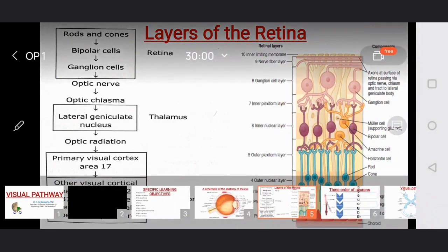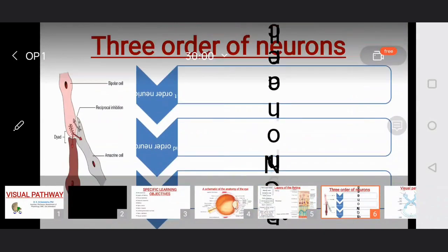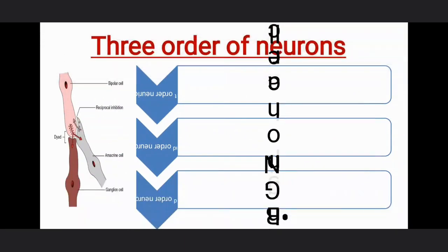Now coming to the three orders of neurons. In this picture it is not so clear, I don't know, in phone they are not appearing properly. There are three orders of neurons in the visual pathway. First order neurons are called primary neurons, which are nothing but the bipolar cells.